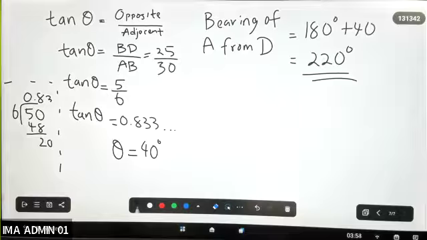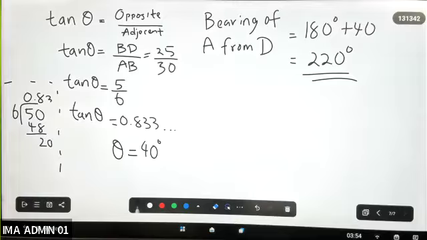Okay, as you are asking, we will go to the seventh question. One person has mentioned they need the seventh question done.